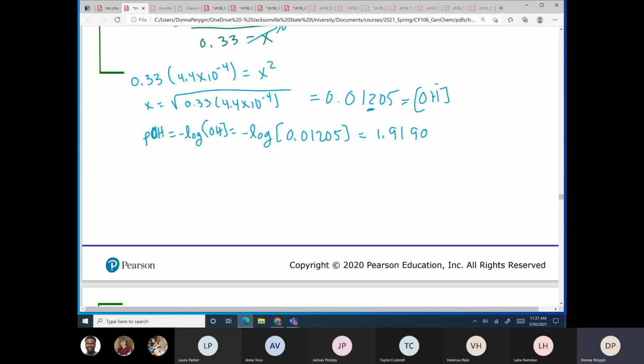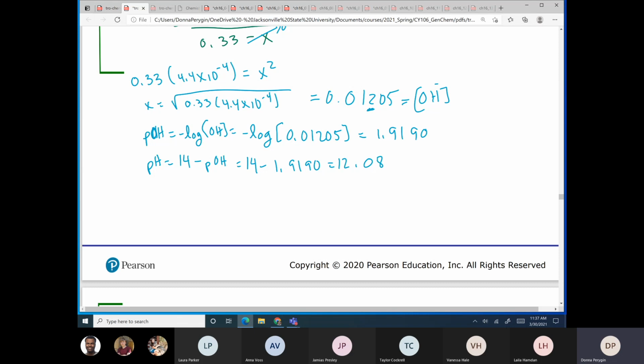And then to find the pH, I just say 14 minus pOH is equal to 14 minus 1.9190.